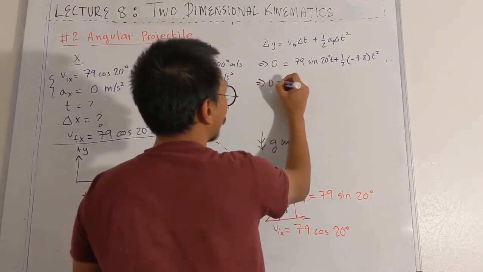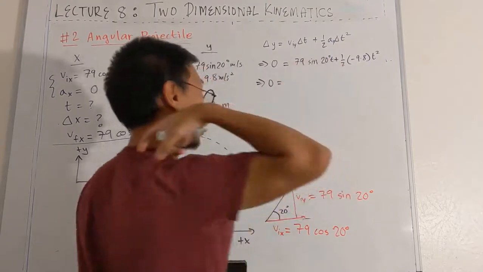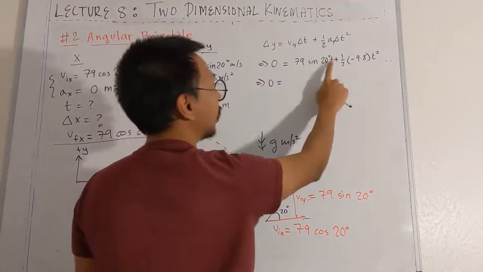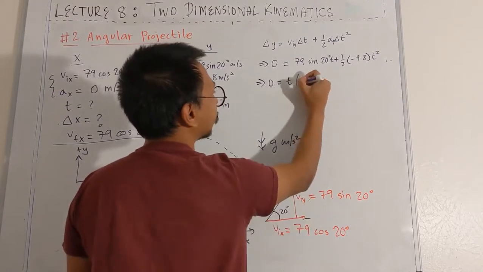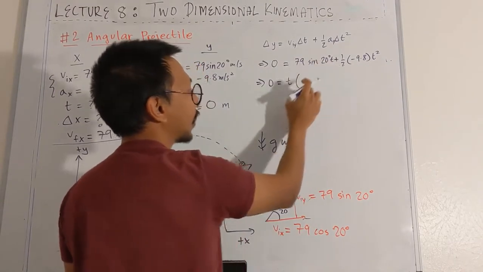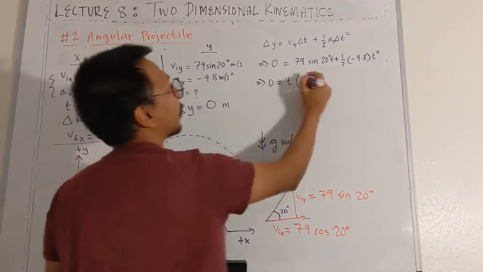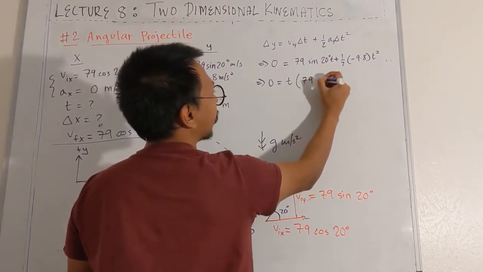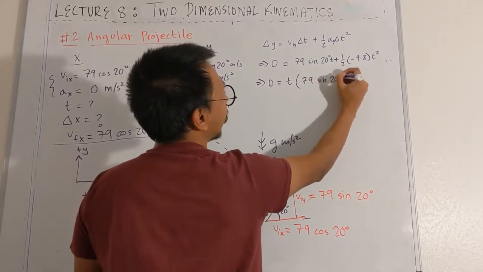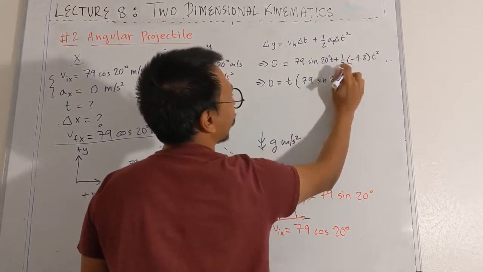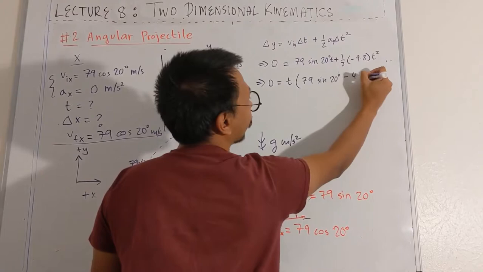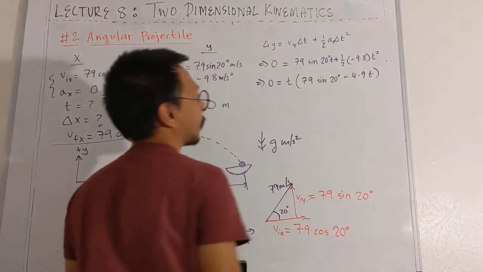So 0 is, you can factor out t because t is in both terms, so take the lowest factor of t outside, then we are left with 79 sine 20 degree minus 9.8 by 2 is 4.9 times t.